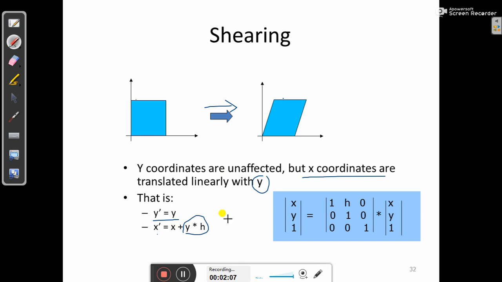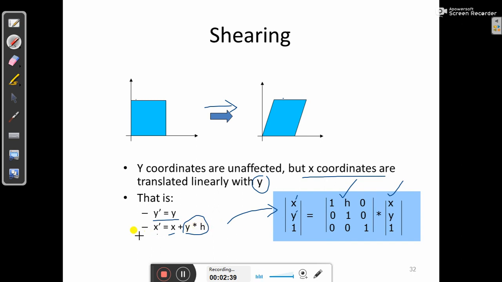Here you can see, if you write the same thing in matrix form, this is x dash, y dash, 1. If you multiply the shearing matrix into x, y, 1, that is the homogeneous coordinate matrix, then x dash equals 1 into x plus h into y plus 0 into 1.